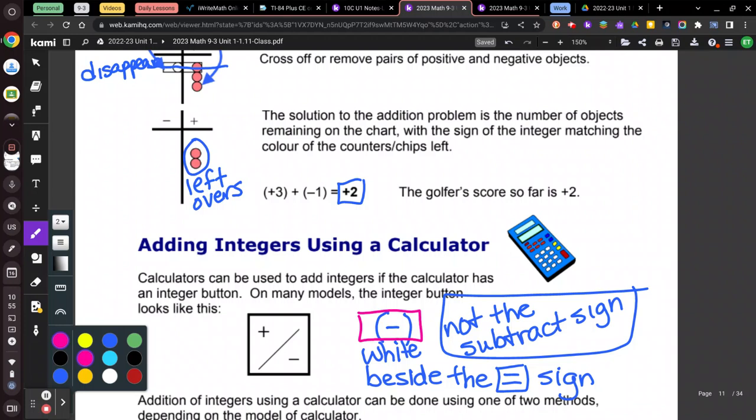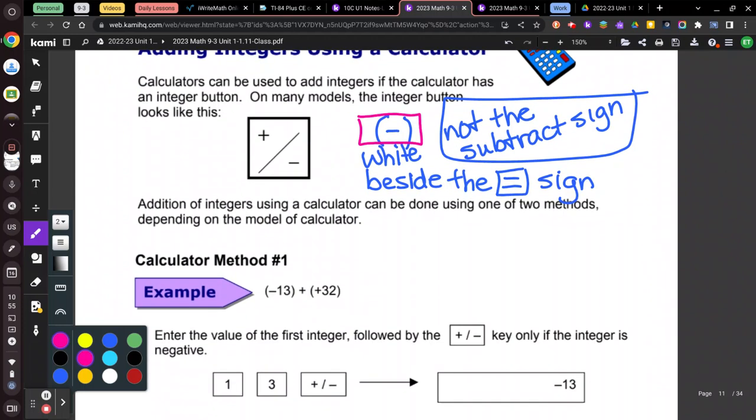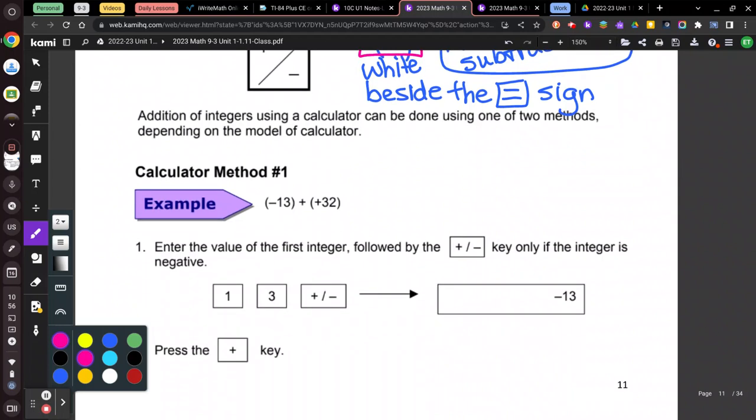Okay. So let's see what steps they would take on the calculator. They would take -13, hitting that negative button, and then adding +32. So again, all you're doing is using the button on the calculator. Do you need to put a positive sign in when you're talking about positive numbers? On paper, yes.